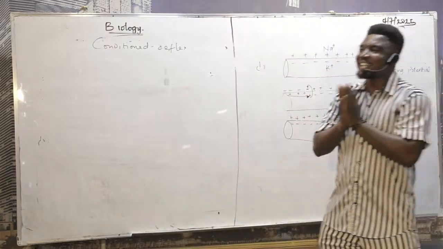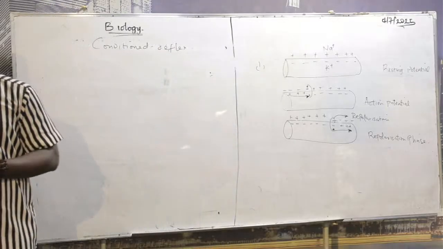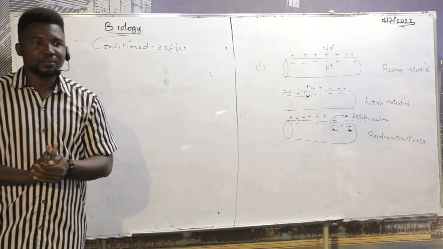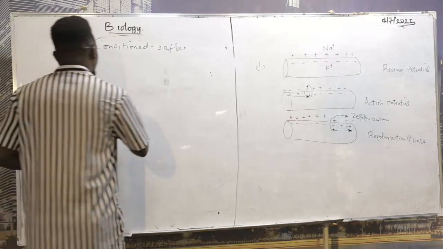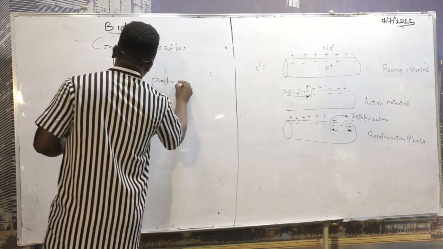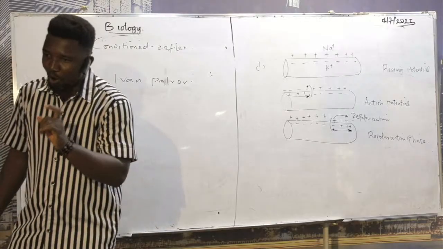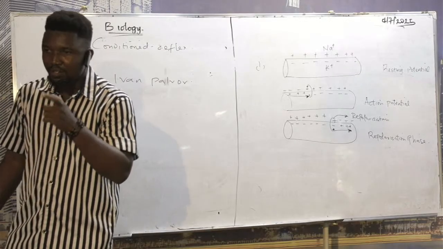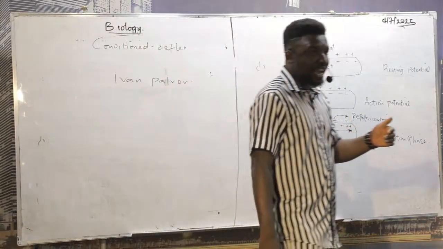Now, there is a scientist called Ivan Pavlov. He worked on conditioned reflex. What he used as a specimen is a dog.